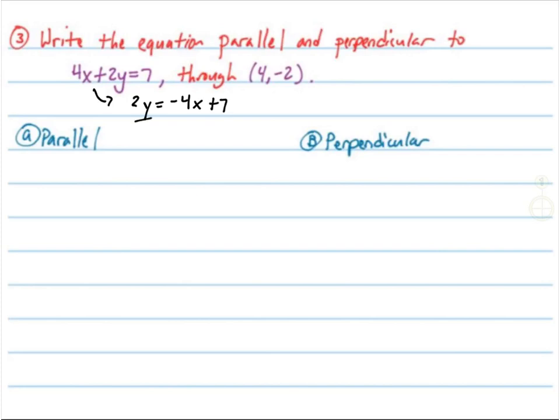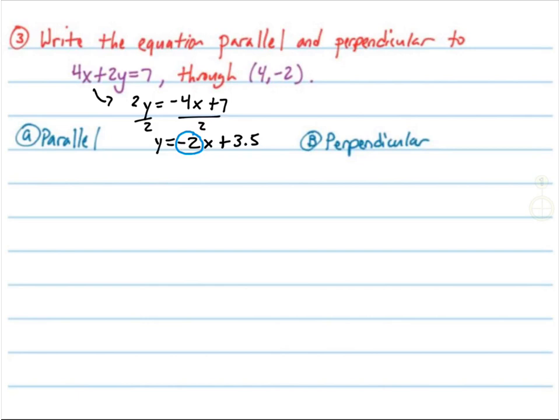Then I'll divide by 2, and I get y equals negative 2x plus 3.5. Now that I've rewritten this, I can see the slope of the line I need to either be equal to or opposite reciprocal of when I write my two equations.